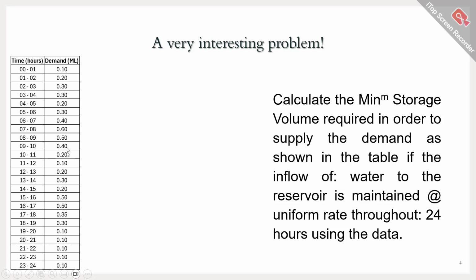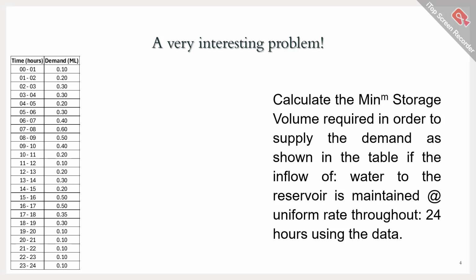So the demand is basically varying. Now you have to design a reservoir. Basically you have to calculate the volume of the reservoir from where this water will be supplied to meet this demand throughout the 24 hours period. So based on this data you have to design the volume of the reservoir. You have to calculate the minimum volume of the reservoir.